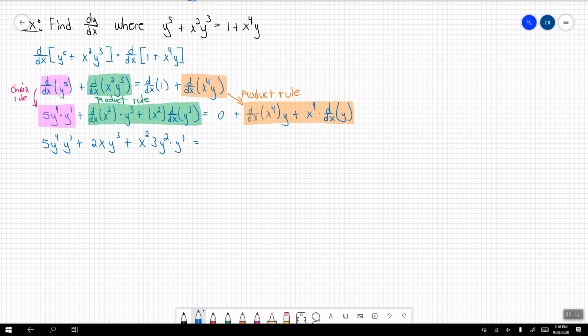Derivative of x to the fourth, this is now going to be 4x cubed multiplied by y, plus x to the fourth multiplied by the derivative of y with respect to x, in other words, y prime. And so again, we did need the chain rule, or chain and product rule, and that chain and product rule came in when we were looking at this specific term.